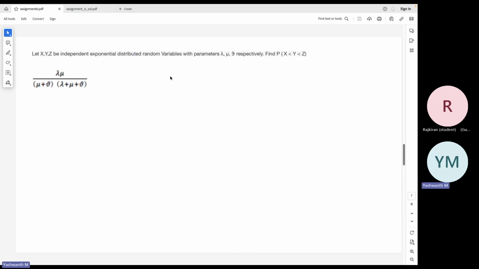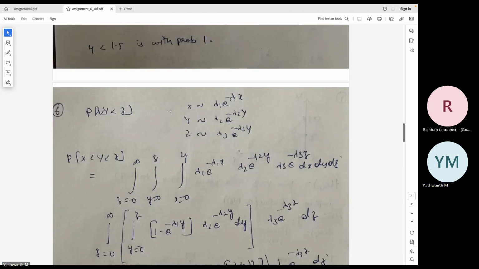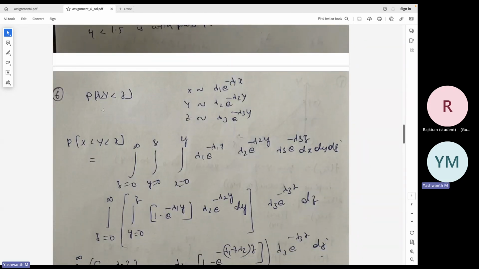Yeah, this one is a bit interesting, but it involves a lot of calculation. We want the probability that x is less than y is less than z, where x is exponential with mean 1 over lambda 1, y is exponential with mean 1 over lambda 2, and z is exponential with mean 1 over lambda 3. The main crucial part here is to write this integral.